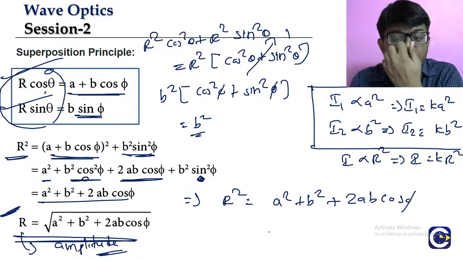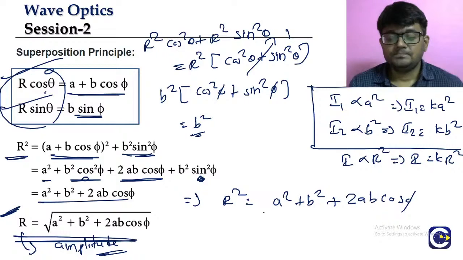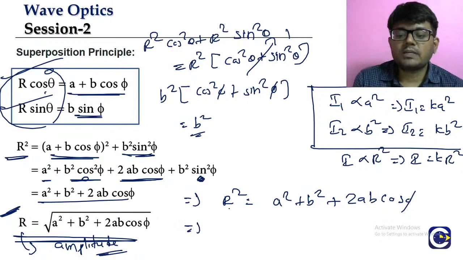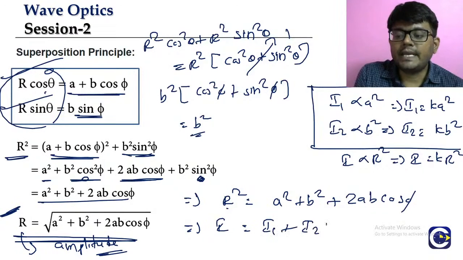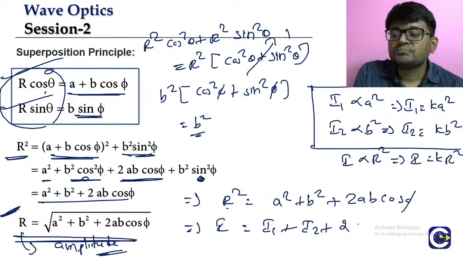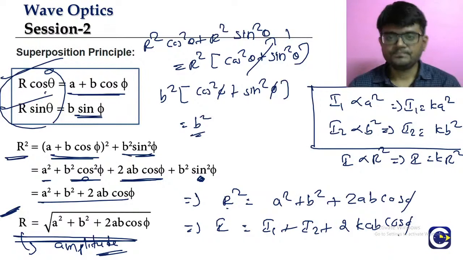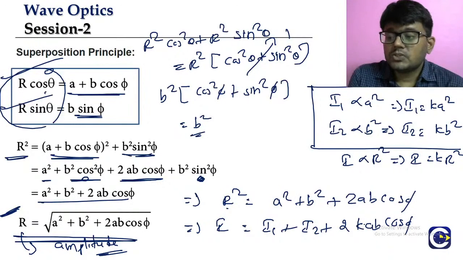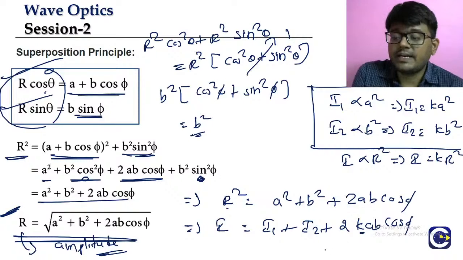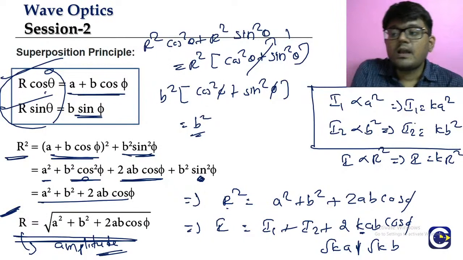Multiply both sides with K. Left hand side is K into R square, that is I. Here K into A square is I1, K into B square is I2, plus 2 K into AB into cos phi. Here K into AB, we can write it like this: root K into A, then root K into B.